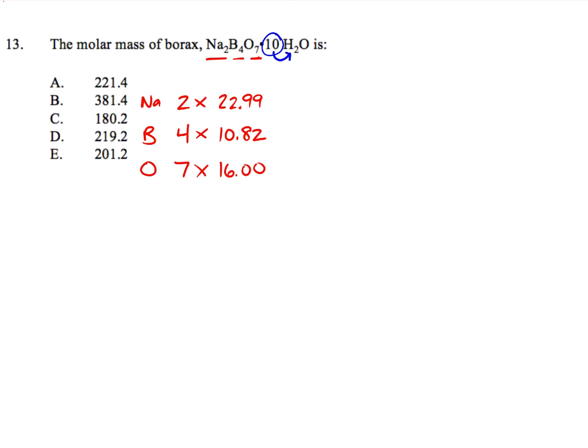So there's 10 times 2, there's 20 hydrogen in the water portion. You get 1.01. And then we have the oxygen from the water. And there's 10, since 10 is the coefficient that tells us there's 10 oxygen. Ten times 16.